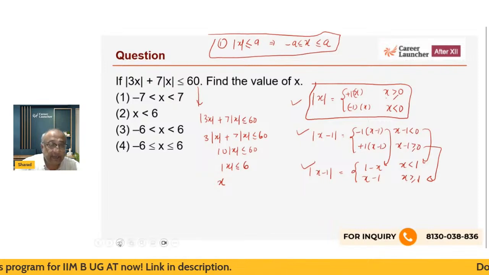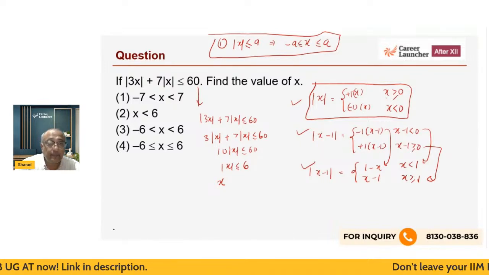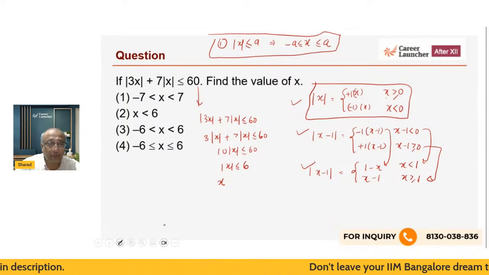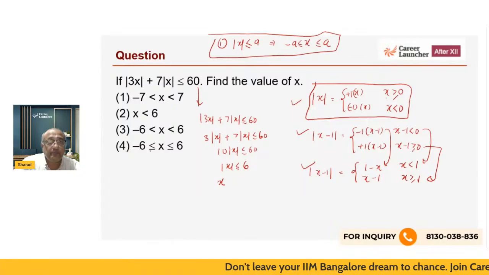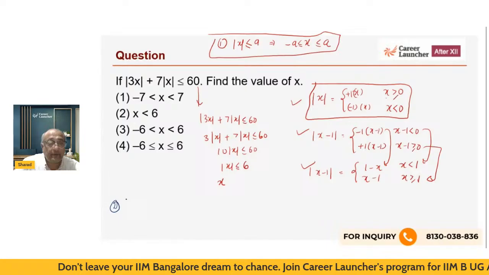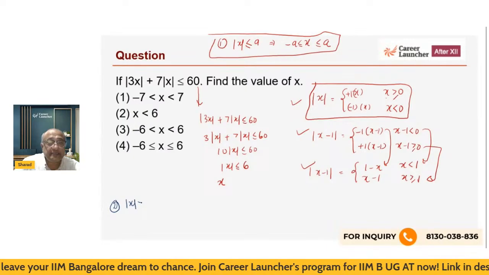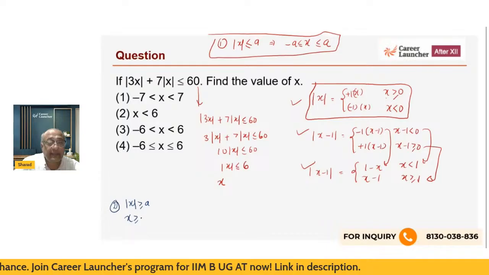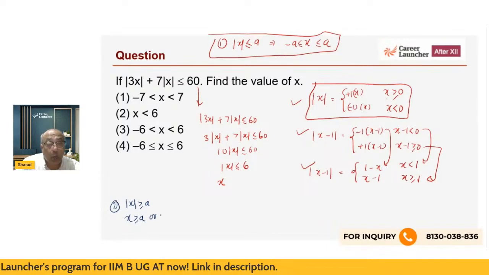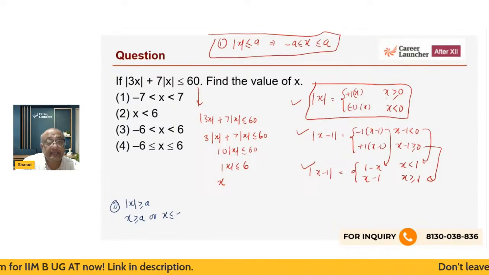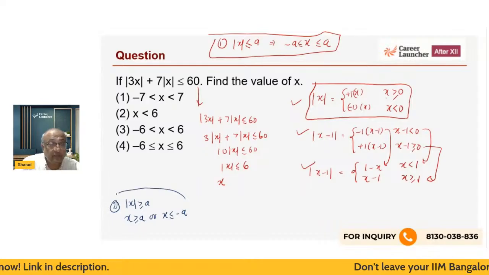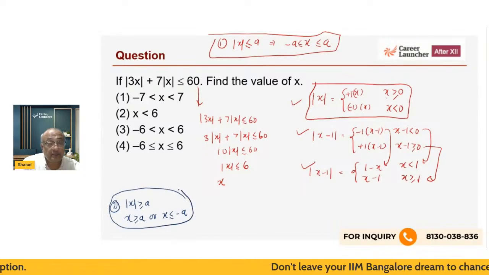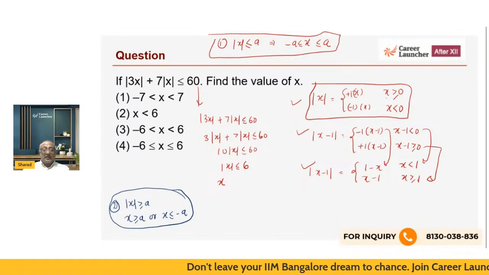I'll write the second one in blue color, as this black has been used many times. The second identity which you have to remember: if mod x is greater than or equal to a, this is only possible when x is greater than a or x is less than minus a. Please box this also in an elliptical box. So these two have to be clear.